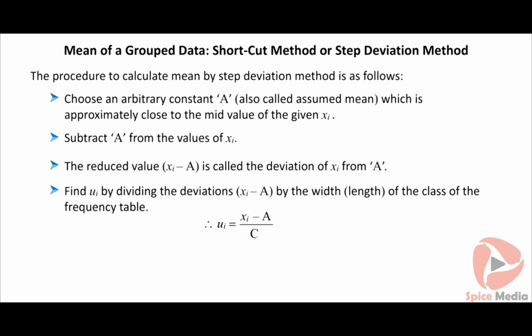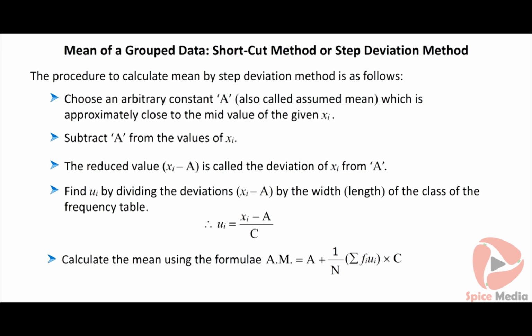Choose an arbitrary constant a, also called assumed mean, which is approximately close to the mid-value of the given xi. Subtract a from the values of xi. The reduced value xi minus a is called the deviation of xi from a.